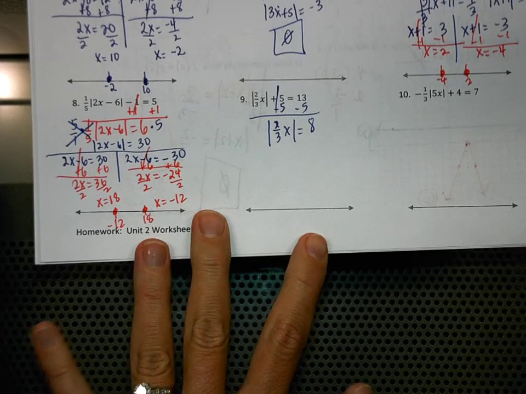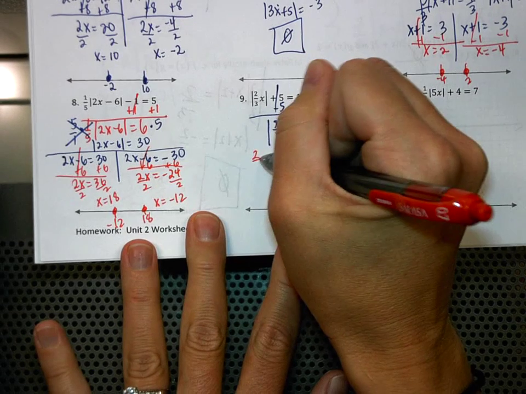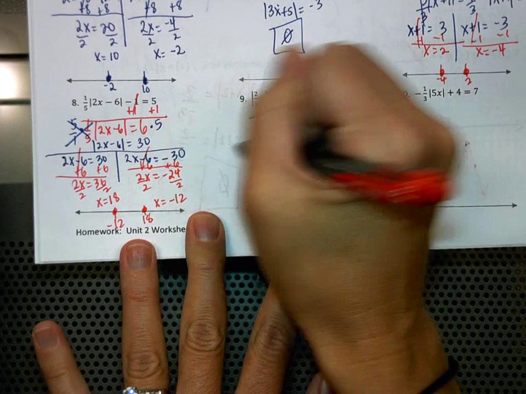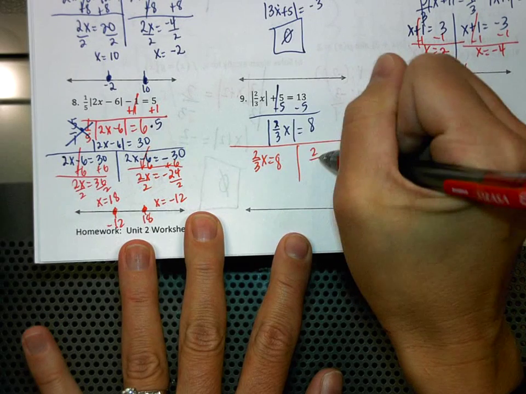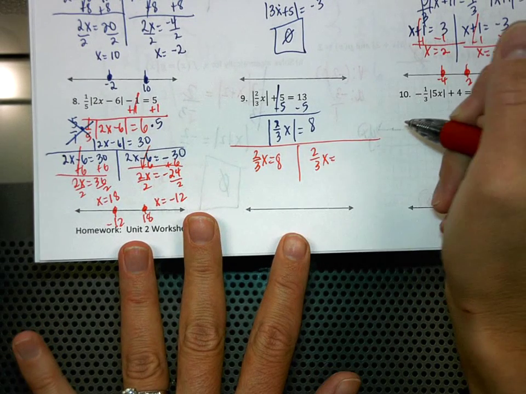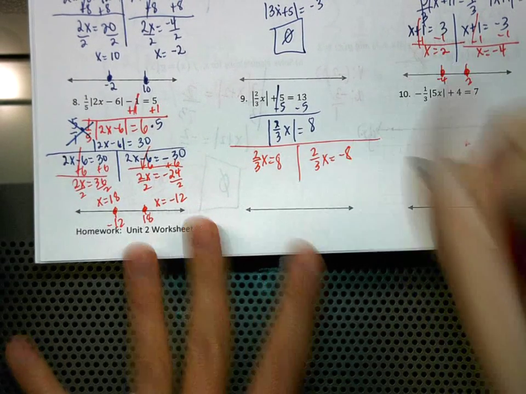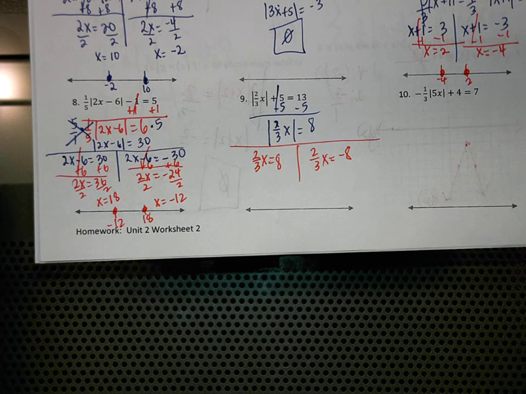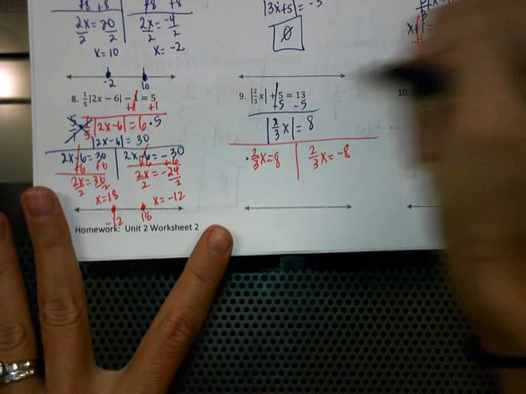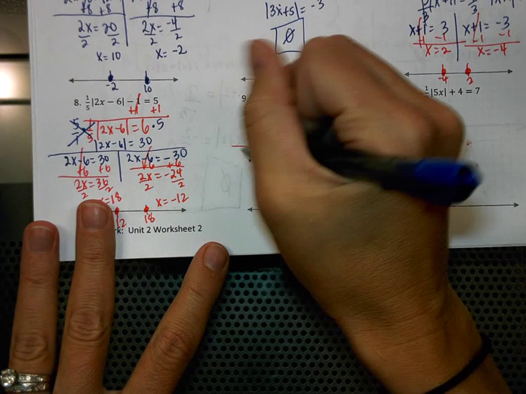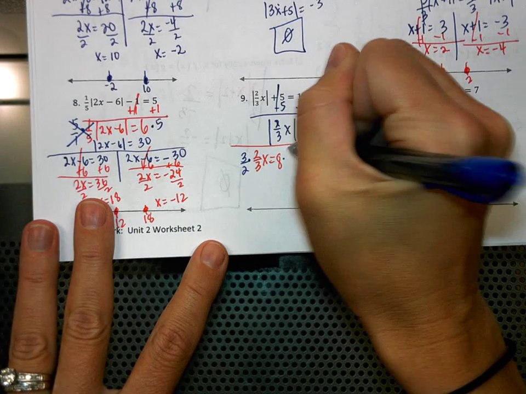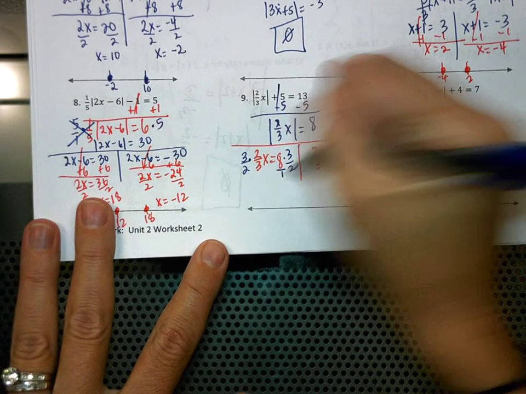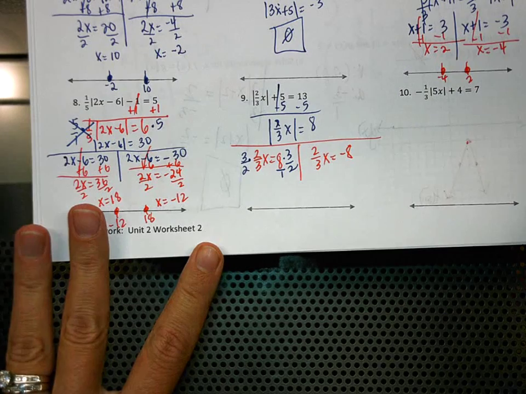I have 2 over 3x equals 8, and 2 over 3x equals negative 8. Okay, how do I get rid of the 2/3? Multiply by the reciprocal, so in this case it would be 3 over 2, and whatever I do to one side, I also do to the other. You can make 8 over 1. Okay, so these all cancel.